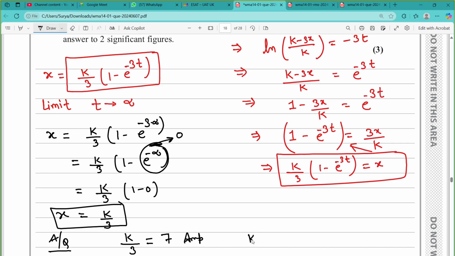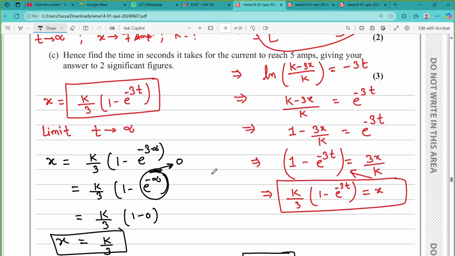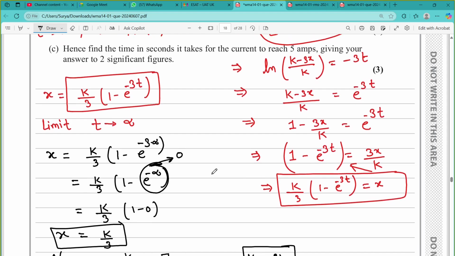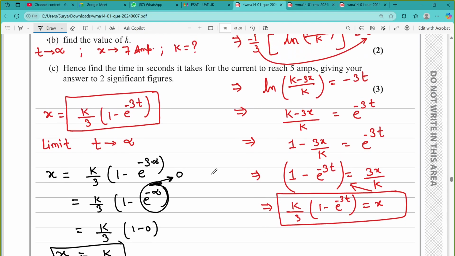So what should be k? K should be equal to 21. Is it okay? So the answer should be 21. Any doubt here? Okay, thank you. Please try the C bit.